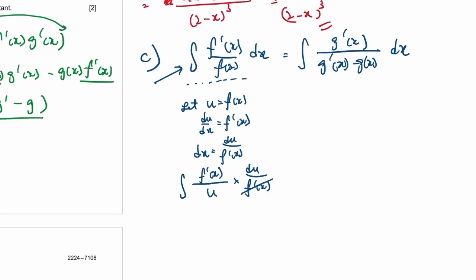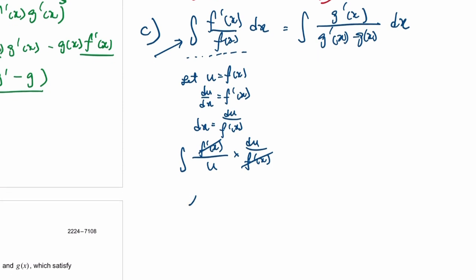The f primes cancel out. So integrate 1 over u is ln u, plus c, equal to the right hand side. So nothing happened on the right hand side, we just copy. And u is f of x.